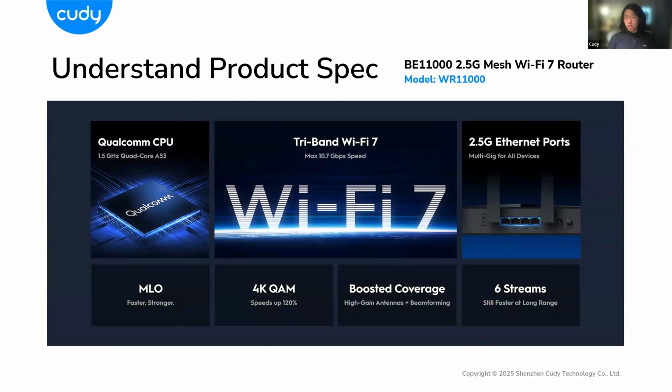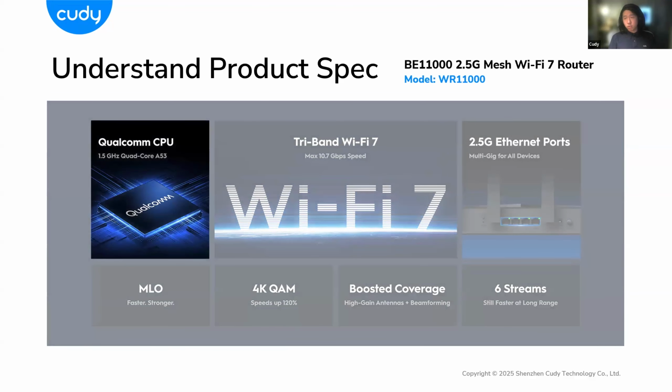And of course, on its product page, you can read that the most dominant spec could be its hardware. It is equipped with a very powerful Qualcomm quad-core CPU, powerful enough to carry a lot of devices, more than 100.